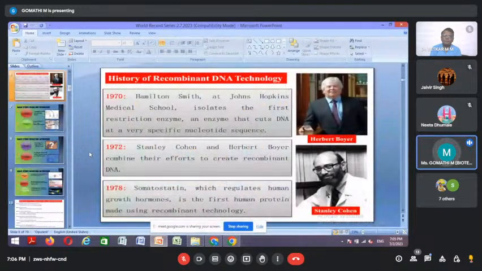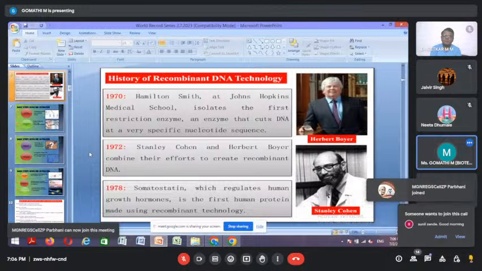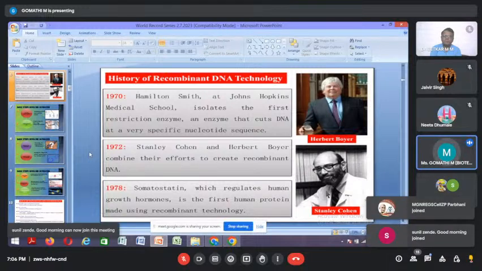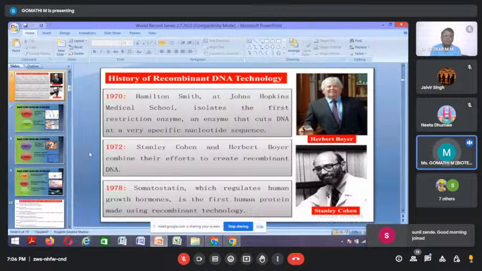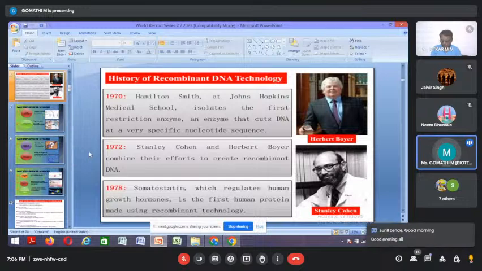Coming to the history of recombinant DNA technology, it started in 1970 when the scientist Hamilton Smith at Johns Hopkins Medical School first isolated the restriction enzyme, an enzyme that cuts DNA at a specific nucleotide sequence. DNA is a very large material and has to be cut into fragments to form recombinant DNA.